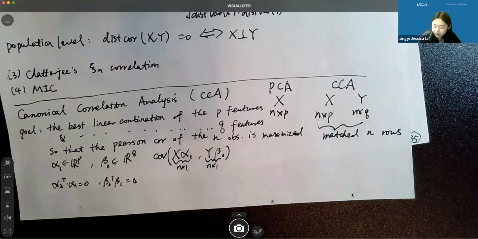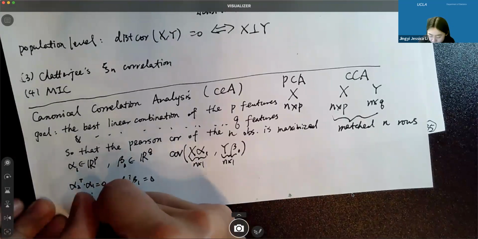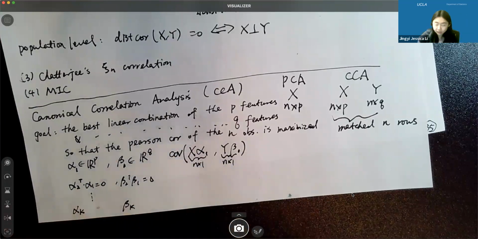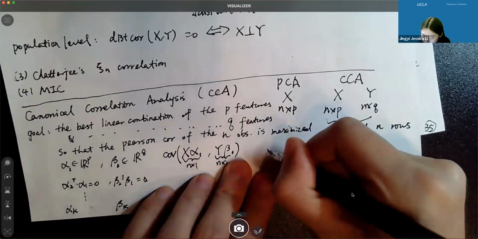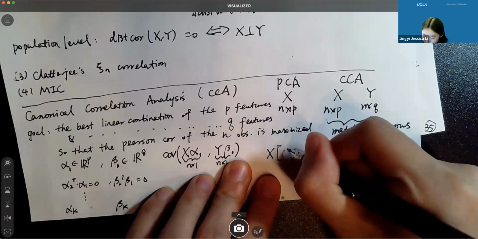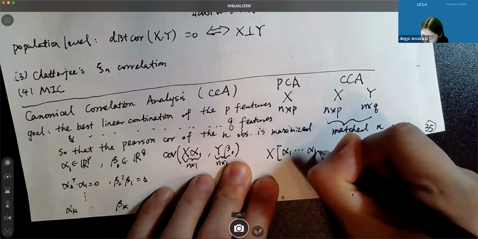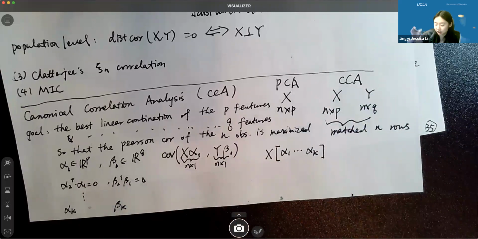And also, you may use this to define a new set of bases. So let's say I continue up to alpha k and beta k. If I stack those loadings, alpha 1 to alpha k, so they are k loading vectors, right? Each loading vector is a combination of the p features.